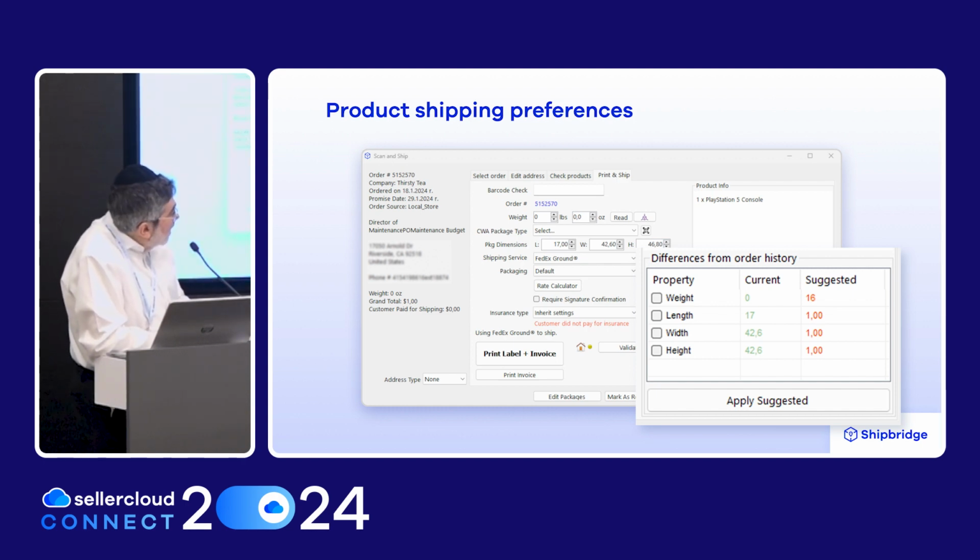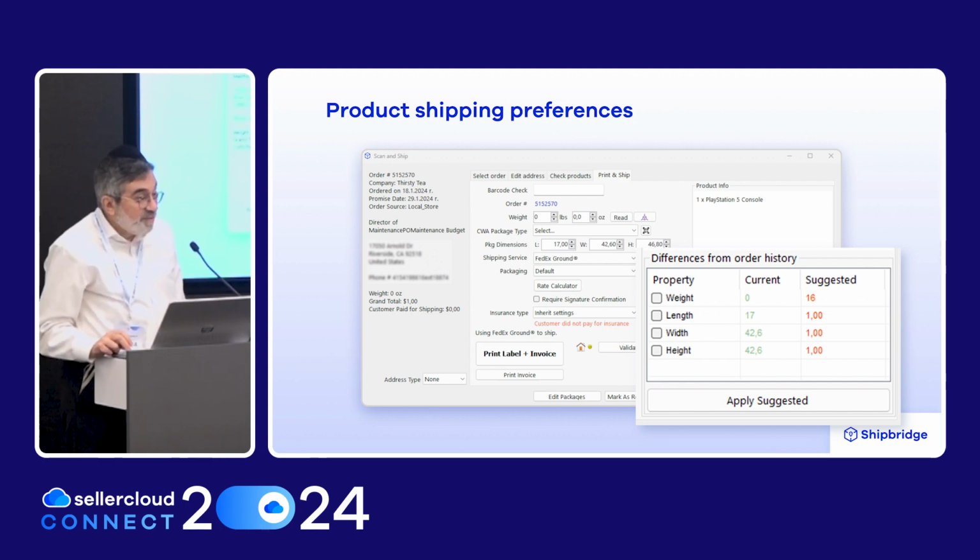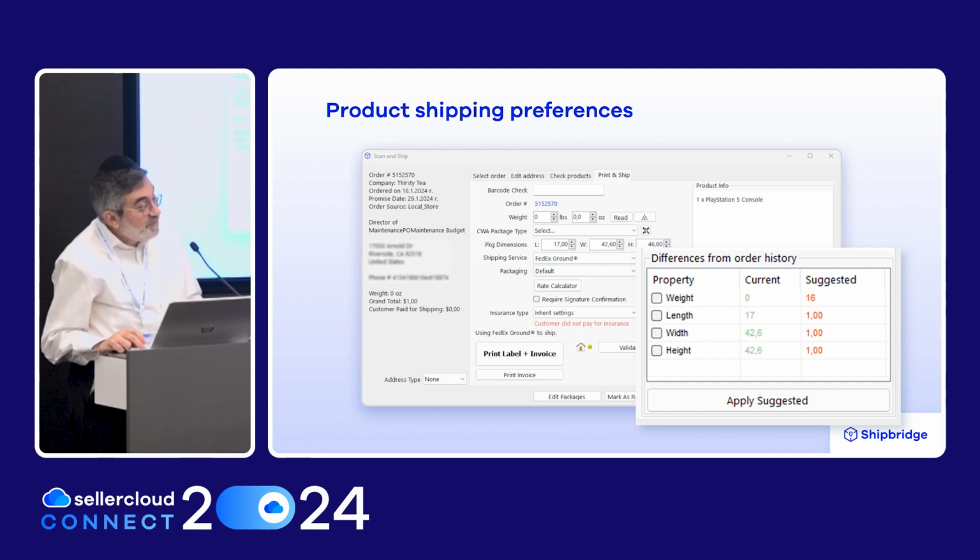You can either select all of them, or you can just select some of them and say apply suggested, or you could just keep going and not do anything. This is just a service that many people find handy. It prevents error if you're deviating from your normal shipping preferences.